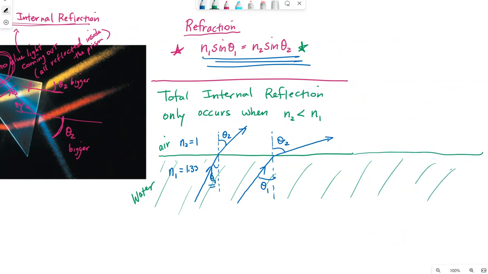So technically, there should be a point where theta 1 is just the right angle that causes theta 2 to be 90 degrees. We call this the critical angle.